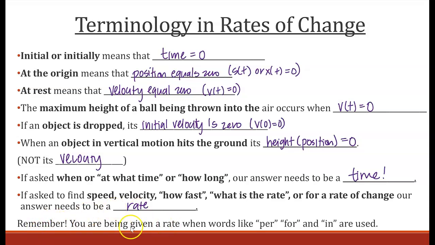And then remember, you are being given a rate whenever you see words like per or for or in, right? Like miles per hour, 10 books in one day. So this is just important terminology that you can refer back to if you get confused on what exactly you're supposed to be plugging in or setting equal to 0.